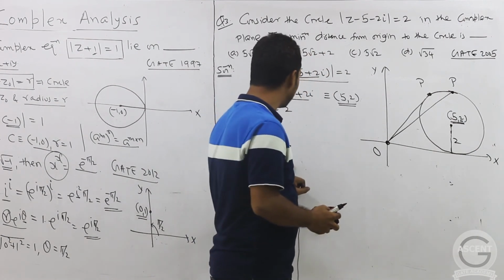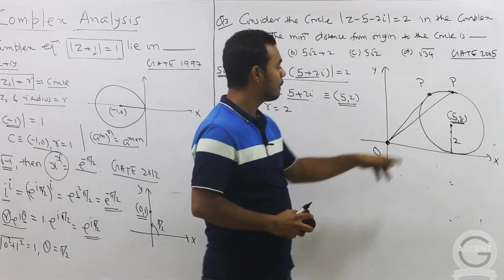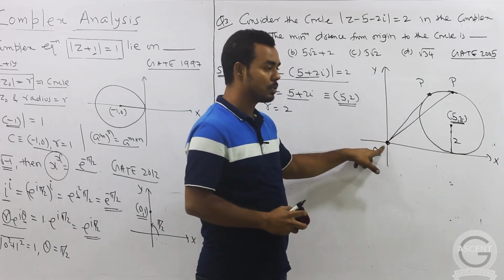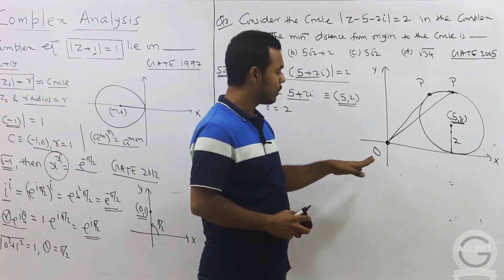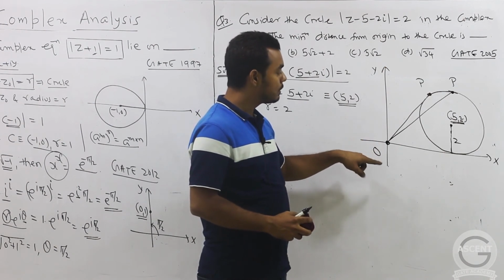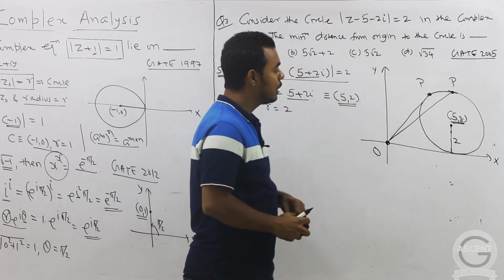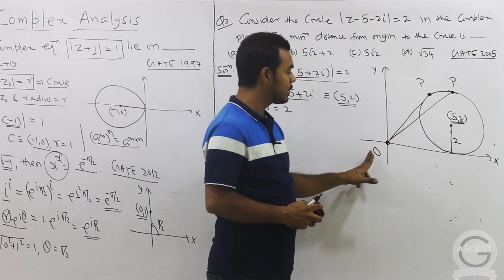So here you need to know one basic concept, that if you have a circle and you have a fixed point outside the circle, then the maximum and minimum distance, whether the point is outside or inside will not make any difference, will always lie along the line joining the center to this fixed point.